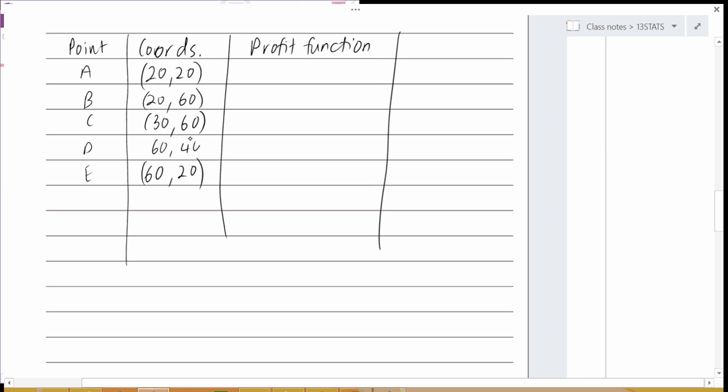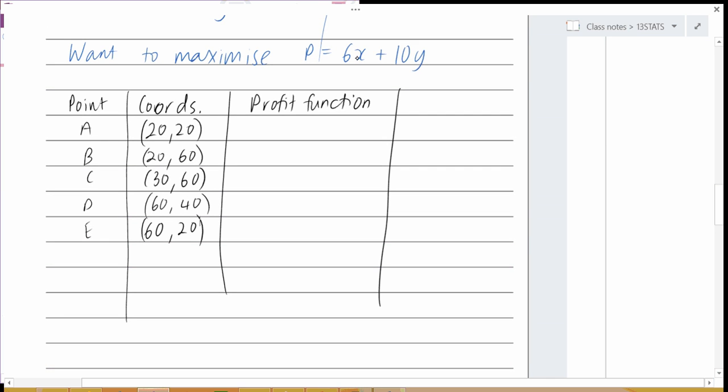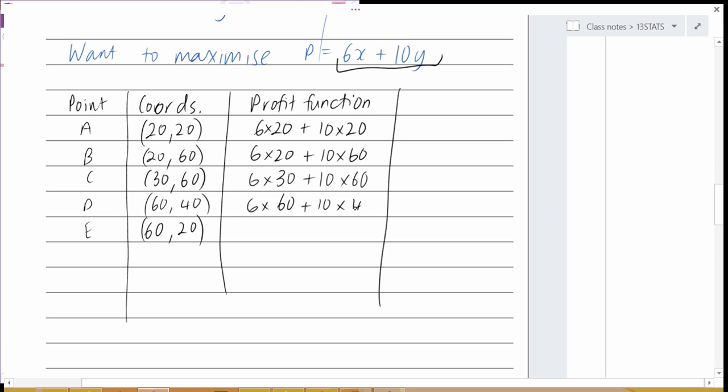60, 40. Alright, so with each of these we want to put it into our profit function, which we've got written up here. 6x plus 10y, so we're going to have 6 times 20 plus 10 times 20, then 6 times 20 plus 10 times 60, and 6 times 30 plus 10 times 60, plus 6 times 60 plus 10 times 40, and 6 times 60 plus 10 times 20.